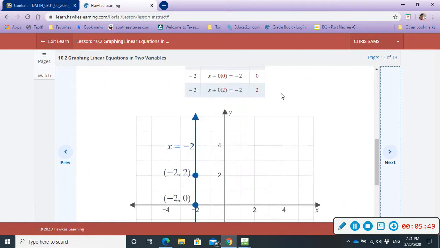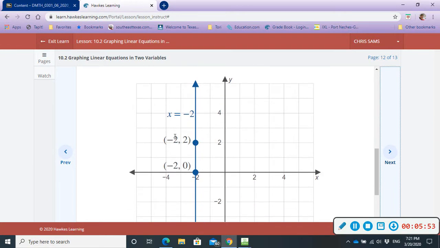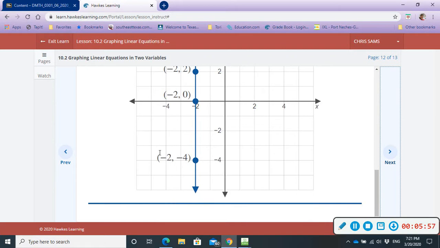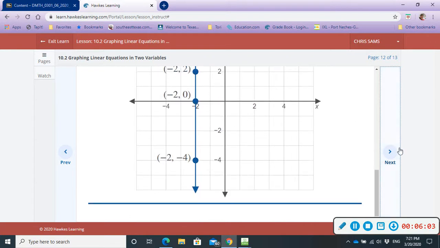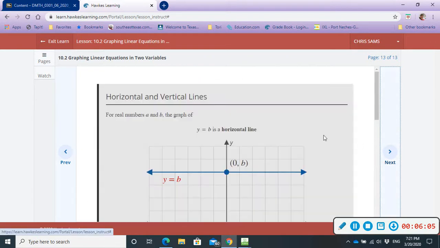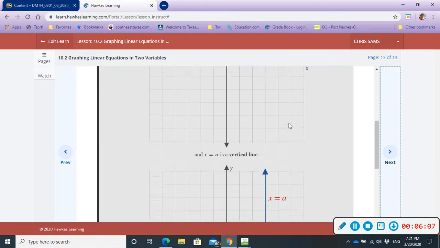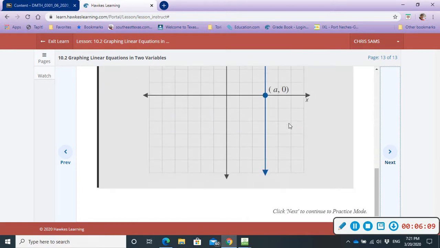It'll be a vertical line straight up and down crossing the x-axis. As you would notice, all of the x values here are going to be negative 2. The y value could be anything that you like as long as x is negative 2. With that, we'll jump into Hawkes and do a few examples.